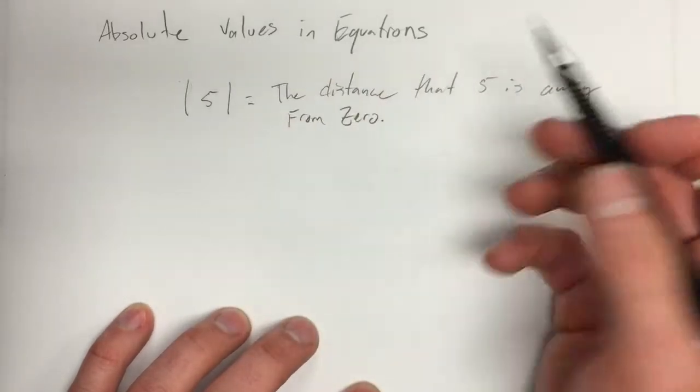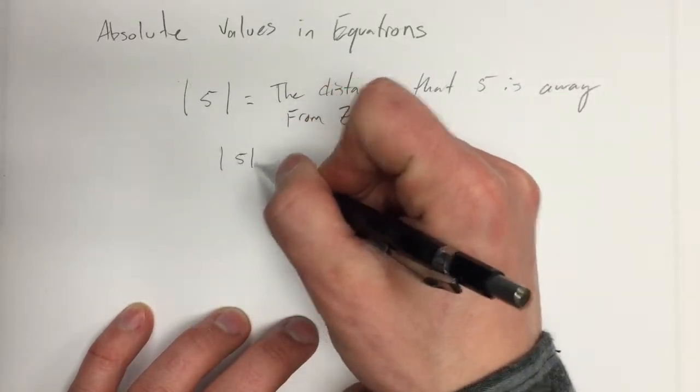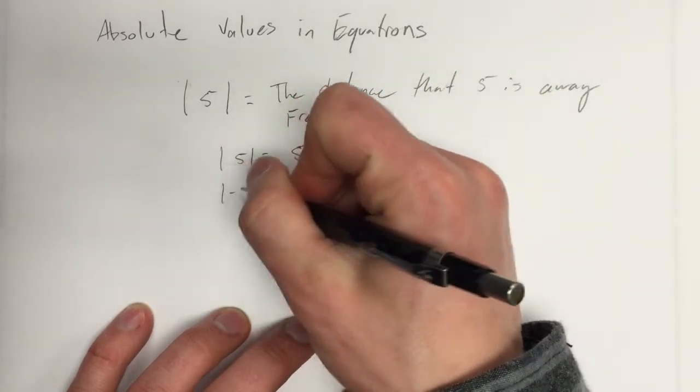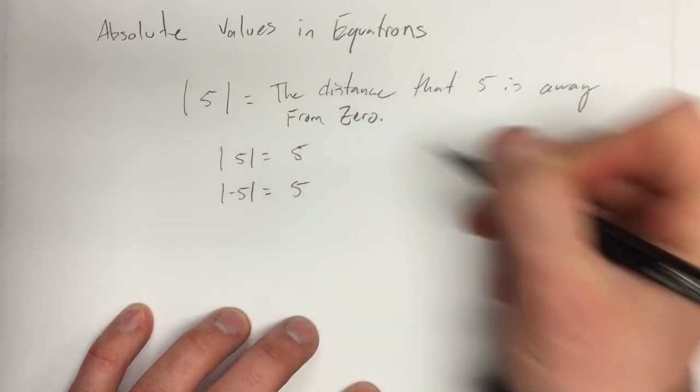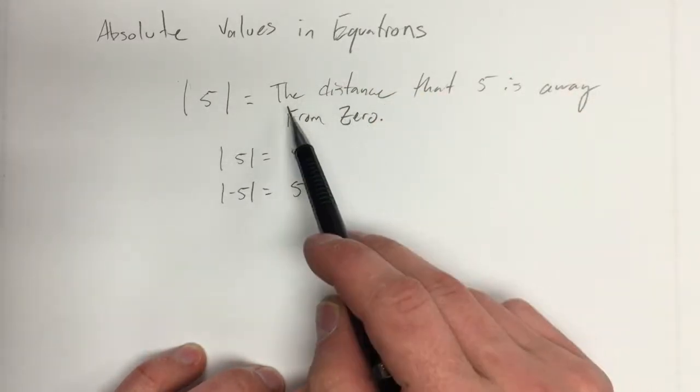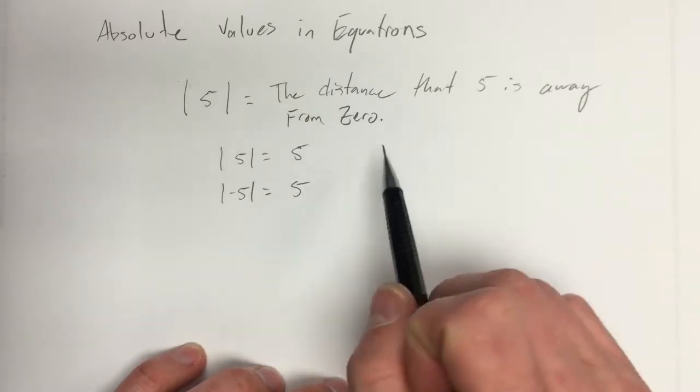So the absolute value of 5 is 5, and the absolute value of -5 is also 5. So the absolute value of any number, again, is the distance that it is away from 0.